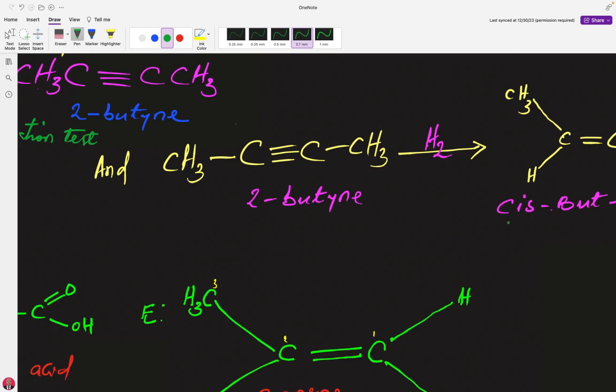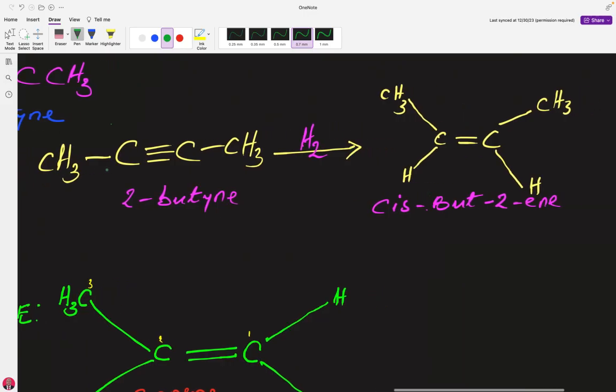Internal because of the different position of the triple bond. Hydrogen is going to be added here. One hydrogen is added here, and one hydrogen is added here. So one bond is cancelled out, and only the double bond is left. And this is the structure.